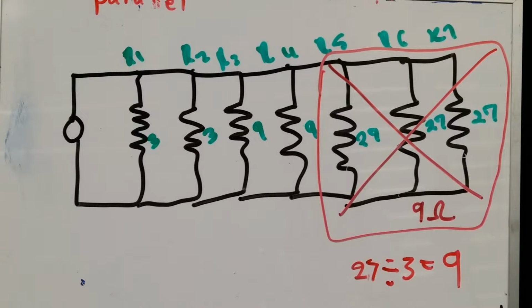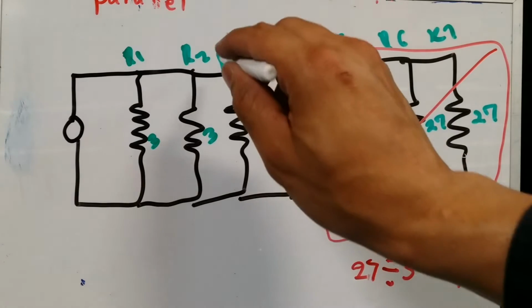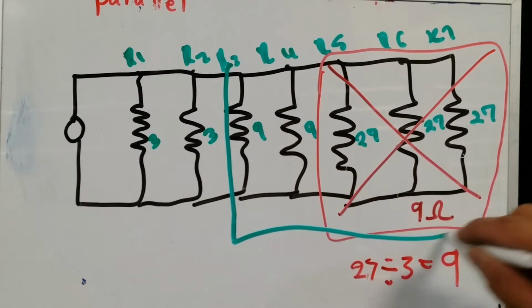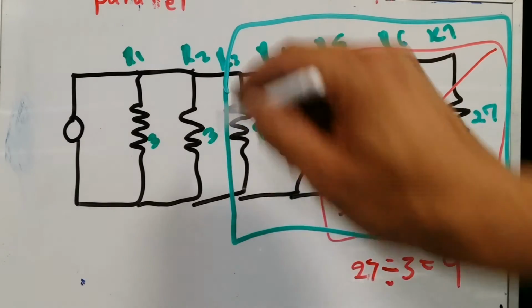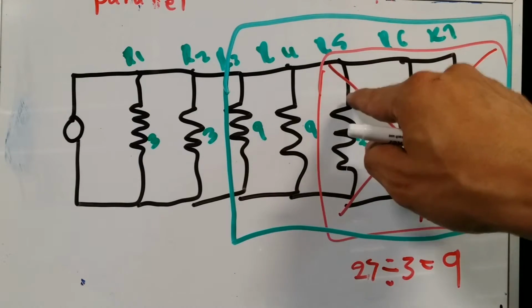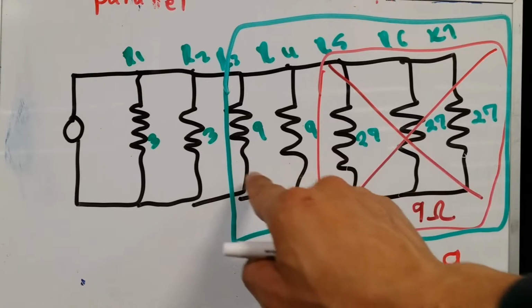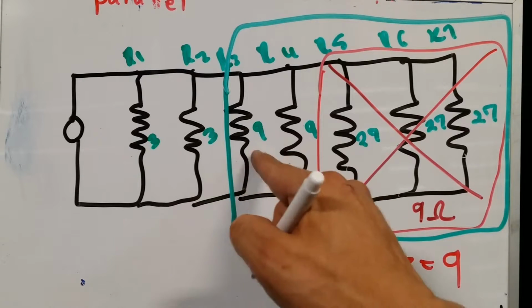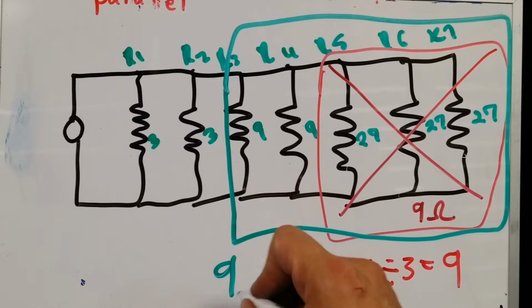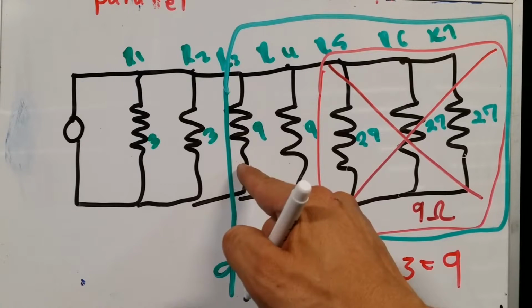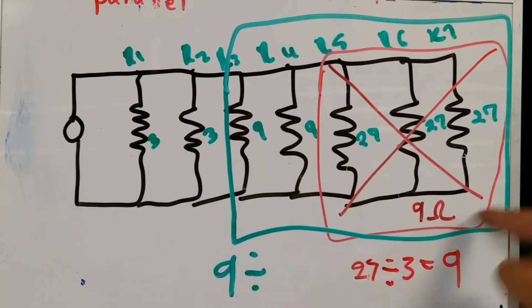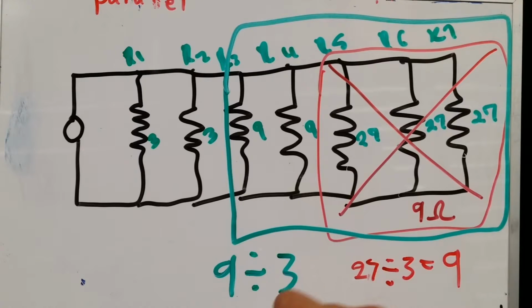Now, I just go ahead and expand my selection, and I'm gonna grab all of this. So we got 9 ohms over here, 9 ohms over here, and 9 ohms over here. So that's 9, 9, and 9. That's 9 divided by 1, 2, and 3, which gives me a total of 9 ohms.